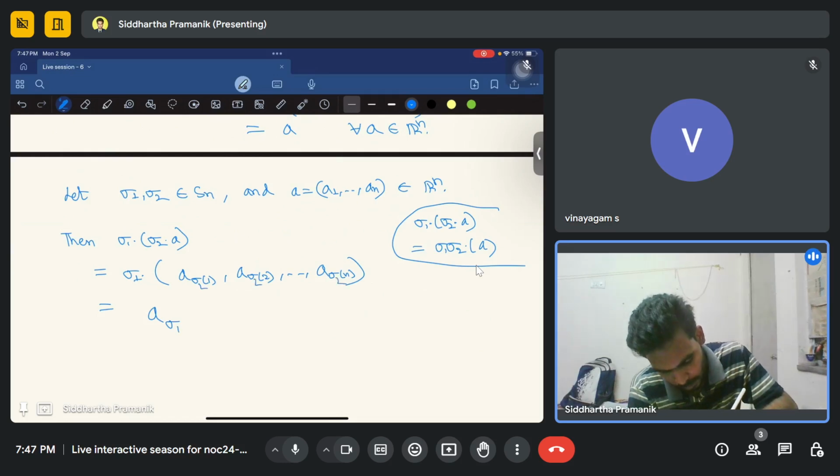So this is sigma 1 of sigma 2 of 1, and so on, A of sigma 1 of sigma 2 of 1.